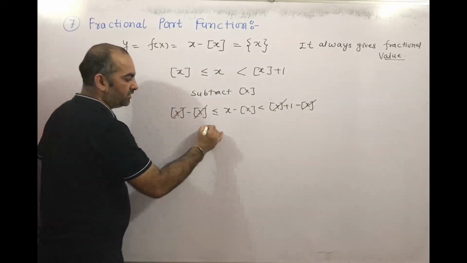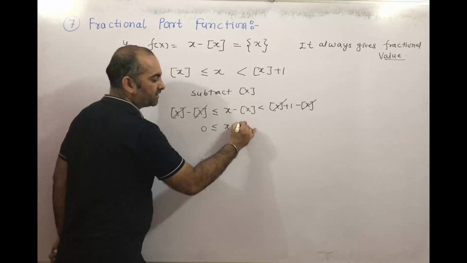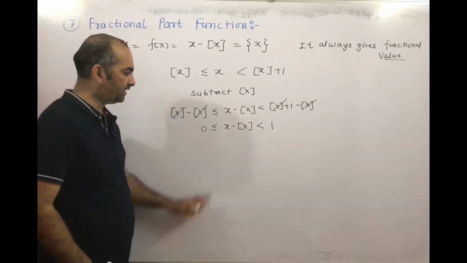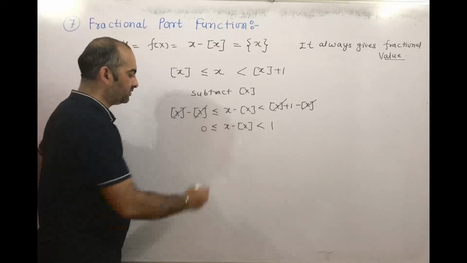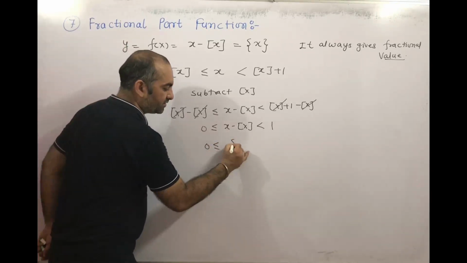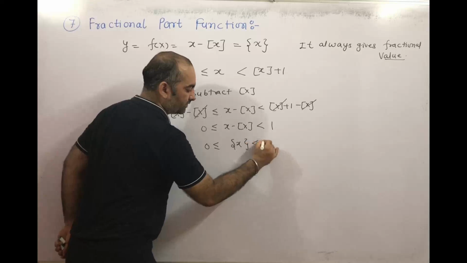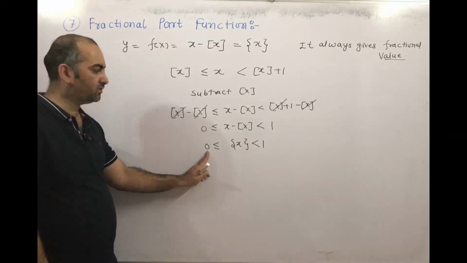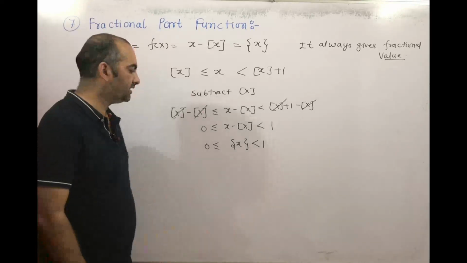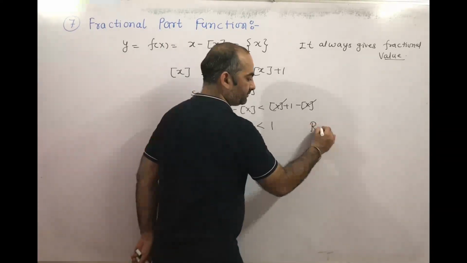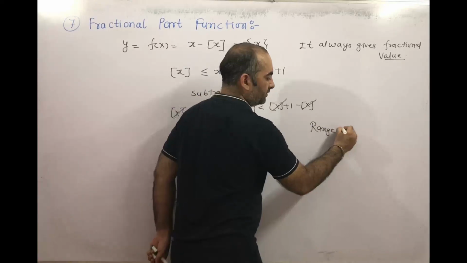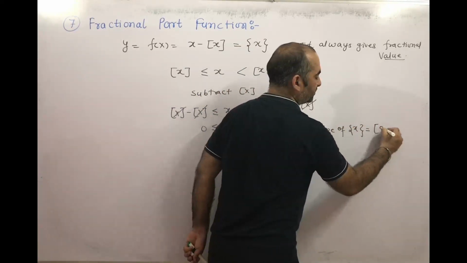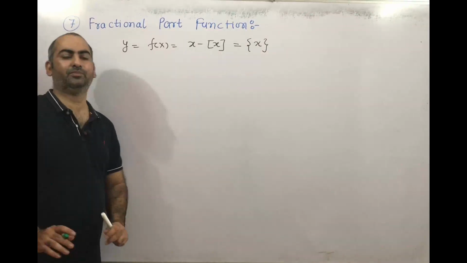This will come 0 is less than or equal to x minus the greatest integer of x is less than 1, and this we can also say is the fractional part of x. So 0 is less than or equal to the fractional part of x, which is less than 1. So the fractional part of x is always greater than or equal to 0 and less than 1. The range of the fractional part of x is the interval from 0 to 1, closed at 0 and open at 1. Next we are discussing important properties.